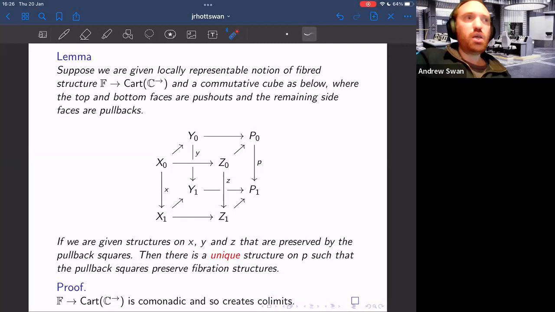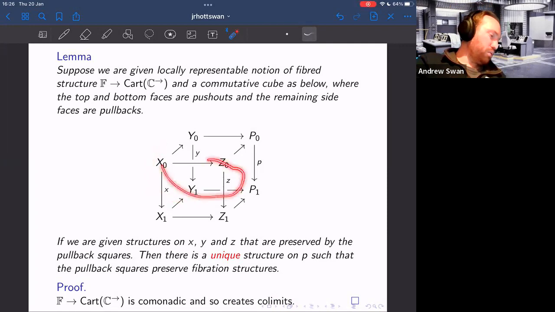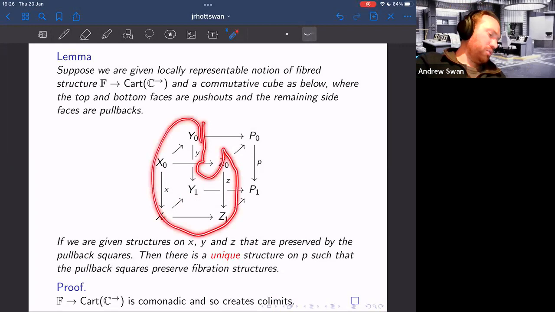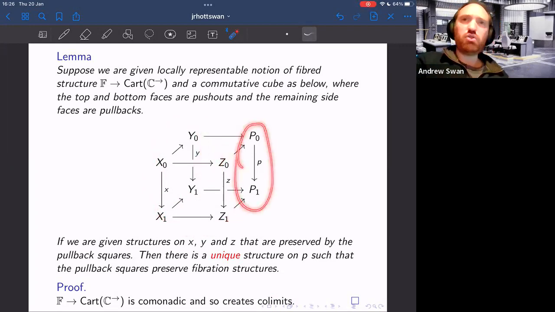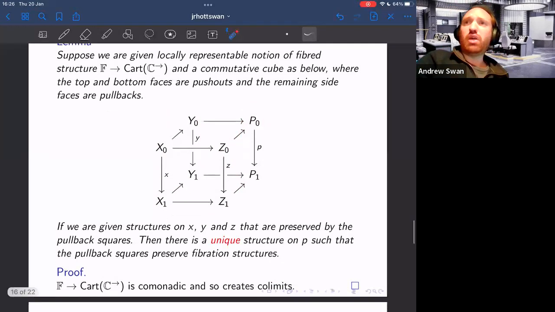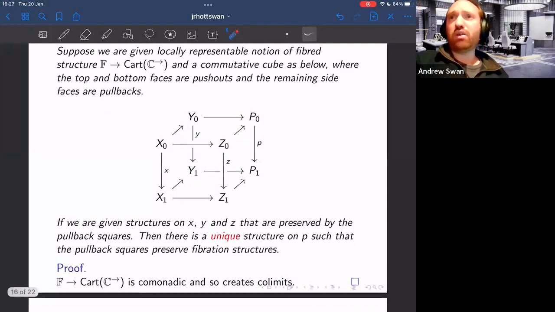If we look at the special case of pushouts and expand out what this means, it says that if you have a cube like this, where the sides are all pullbacks and the top and bottom are pushouts, and we're given fibration structures on these three maps, then we can paste them together in a unique way to get a fibration structure on this map.